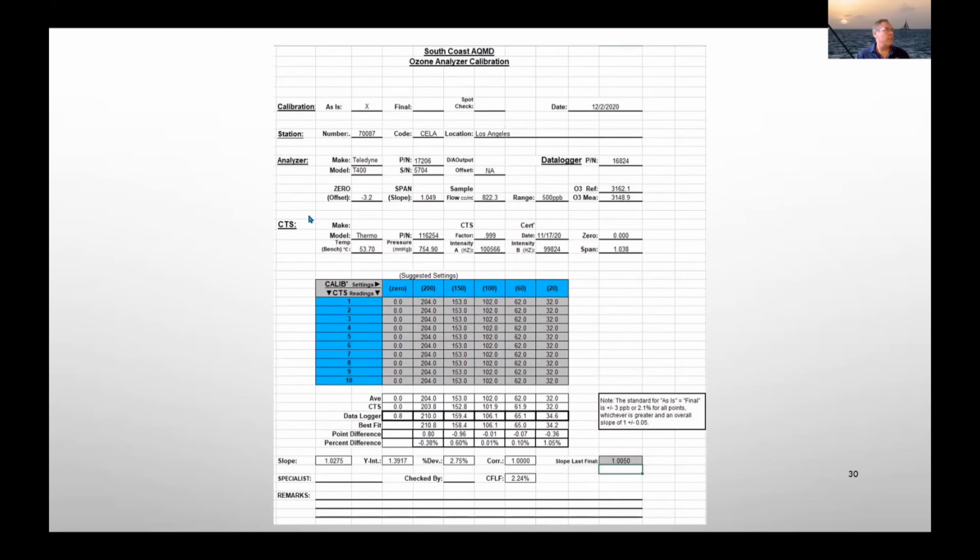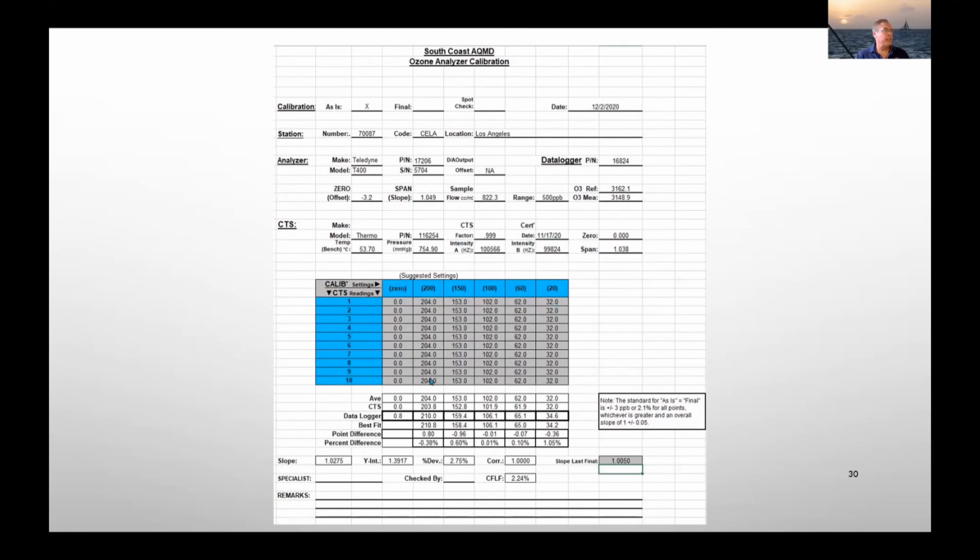What we used to call a CTS is now a level 3 field standard, a Thermo, and it's actually a 49i, and the factors are listed here. So as I mentioned before, we set up 5 calibration set points on our calibration scale, 0 plus 5 points: 200, 150, 100, 60, and 20.